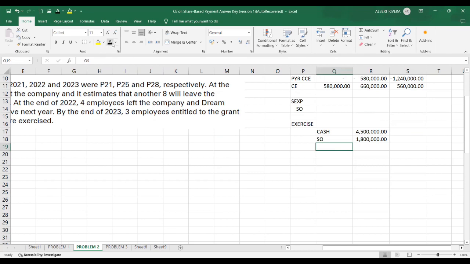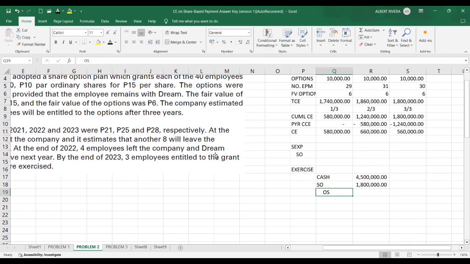Credit ordinary shares that would be equivalent always at par value of the shares. So that would be your 10,000 shares times 30 employees times the par value of the share, that is 10. So 10,000 times 30 times 10, and this is now your ordinary share.